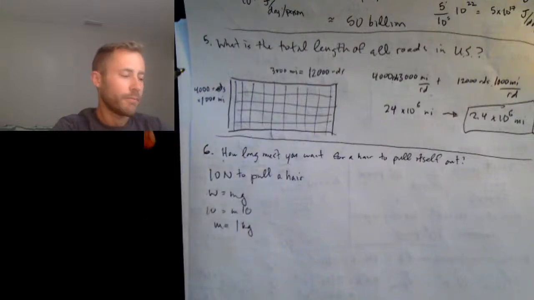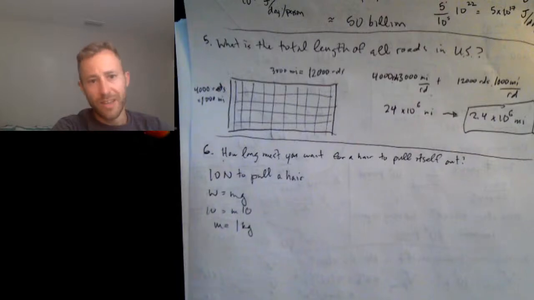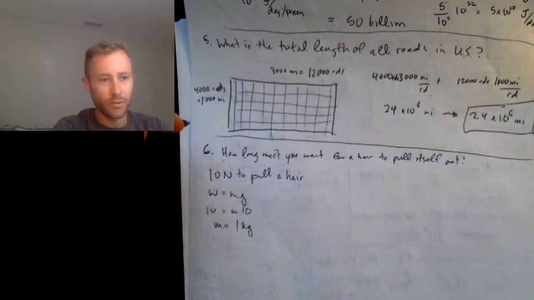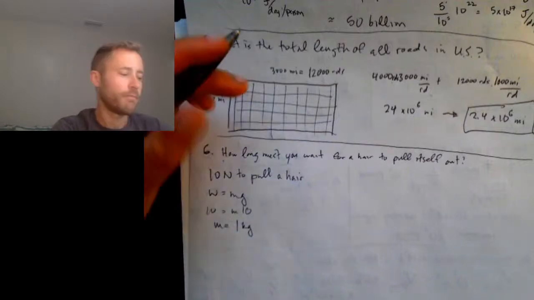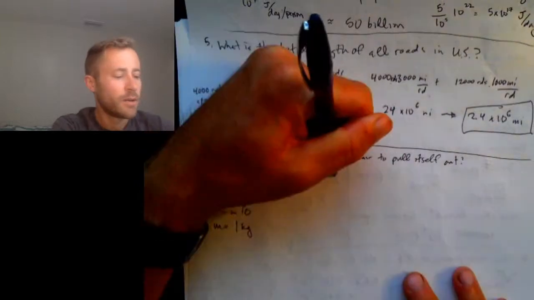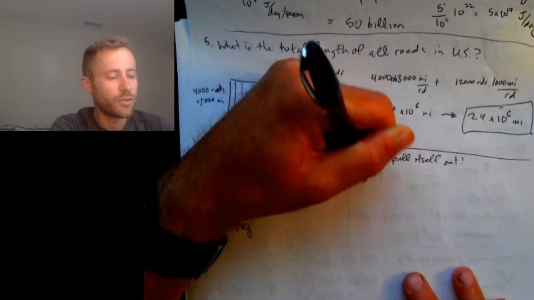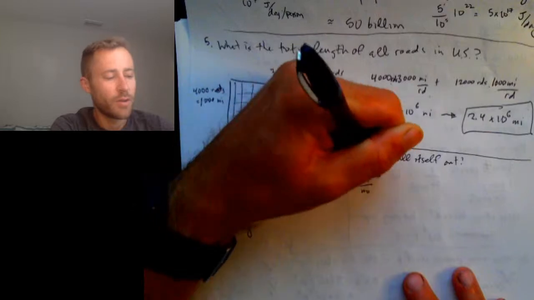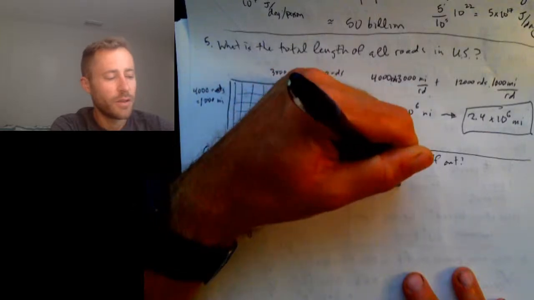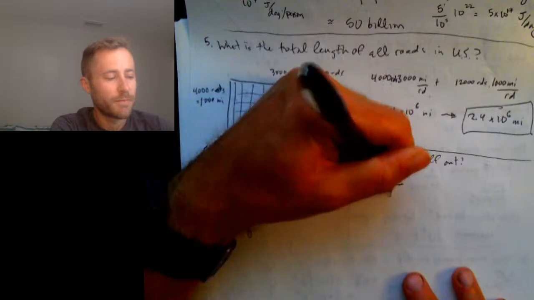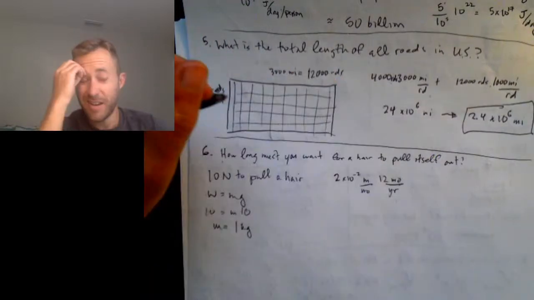All right. So now let's estimate the growth rate of hair. I'm going to estimate that hair grows roughly 2 centimeters a month. Okay? So 2 times 10 to the minus 2 meters per month. And then there are 12 months in a year. Okay?